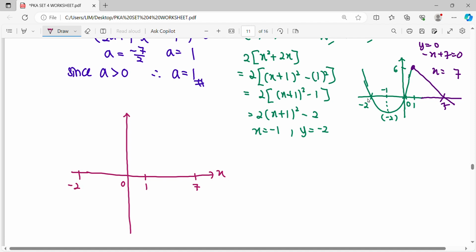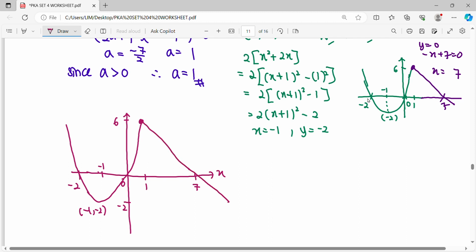So here is our quadratic. Minimum happens at negative 1, then goes up, intercept 0, up to the ending point 6, with the other root at negative 2. Then continue with the linear graph going down, a straight line.